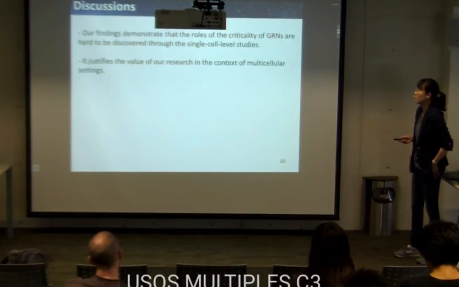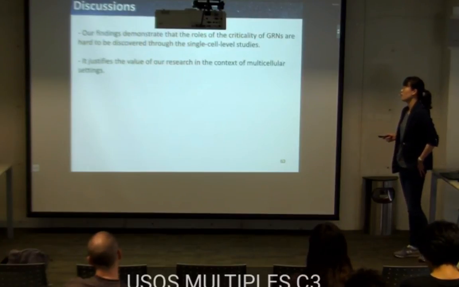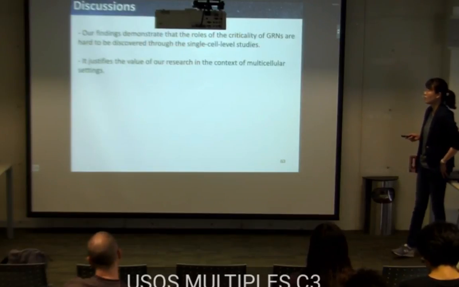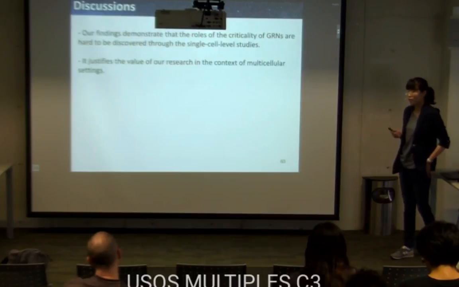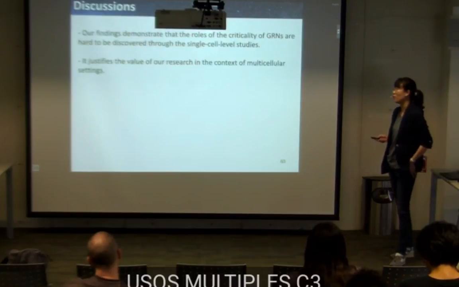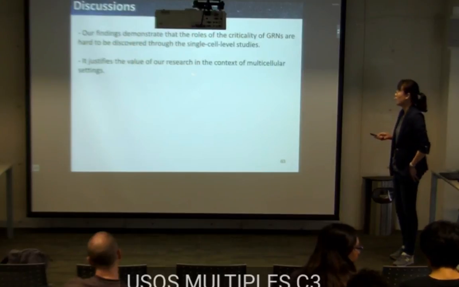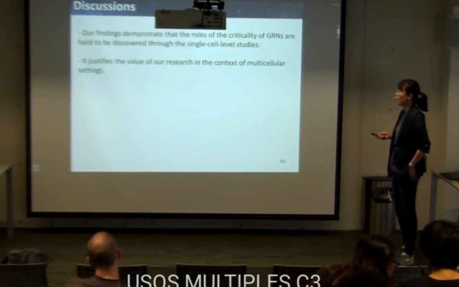Our findings demonstrate that the roles of the criticality of gene regulatory networks are hard to discover through single-cell level studies. So that's the reason why we needed to study the criticality of gene regulatory networks in the context of multicellular settings.